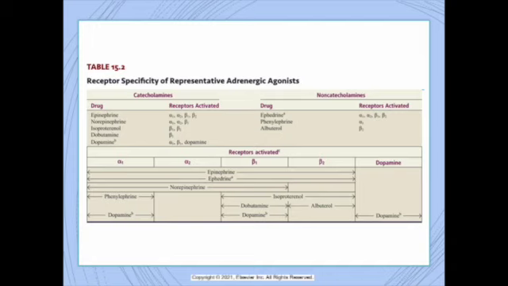Dobutamine works only on beta 1, so it's highly selective for beta 1. Dopamine can be highly selective for alpha 1, but also the dopamine receptor. Epinephrine and ephedrine are the least selective, the most non-selective, because they can activate alpha 1, beta 1, and beta 2 as well.